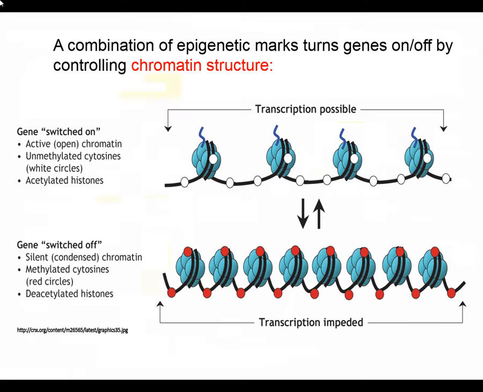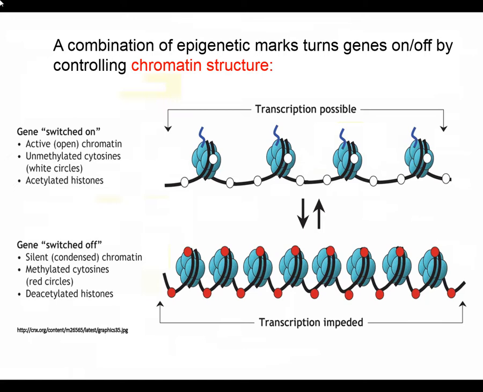So acetylation on the histones and no methylation opens up the chromatin, and that allows transcription in that region. So if there's a gene in that region, it's more open to transcription. The RNA polymerase can access the DNA better. And they should have shown the DNA kind of looser, wrapped around the histones even.